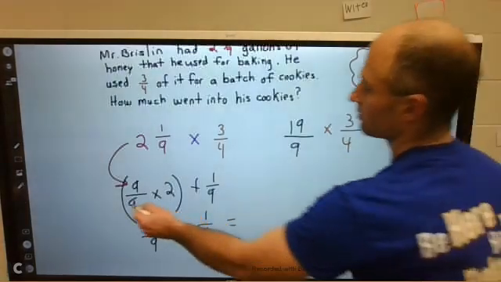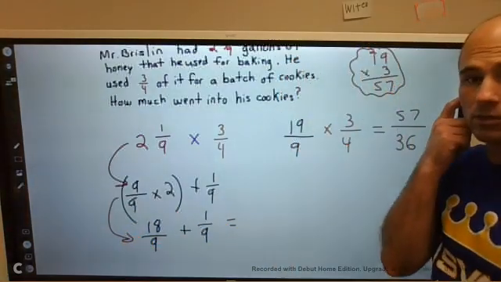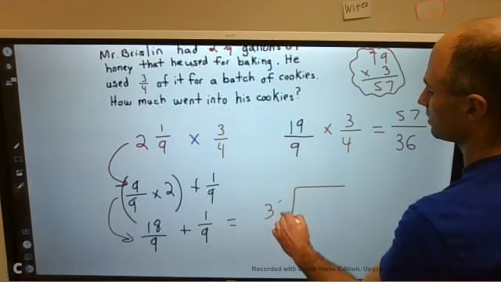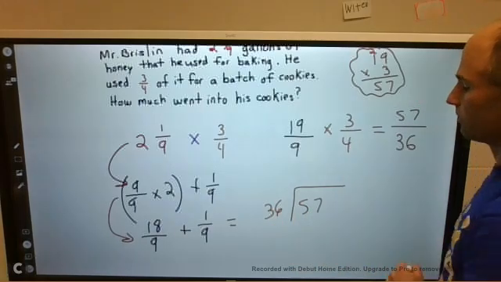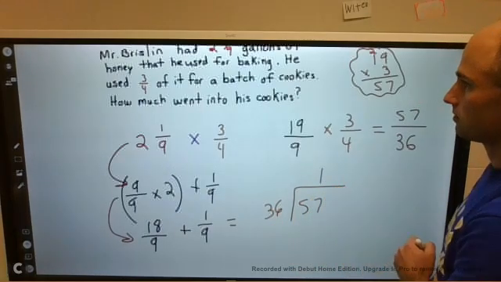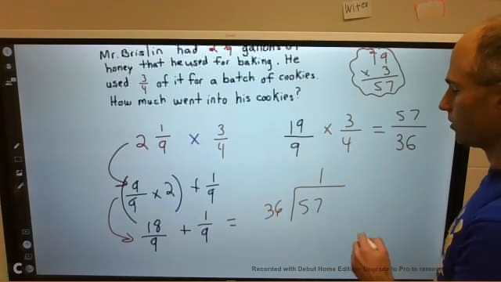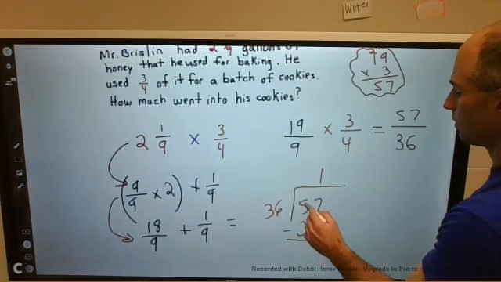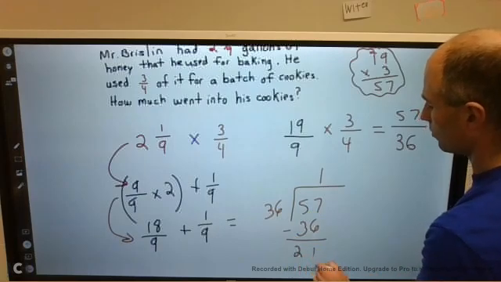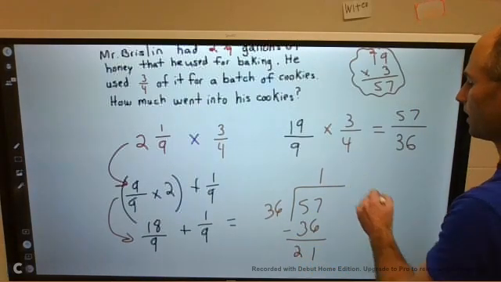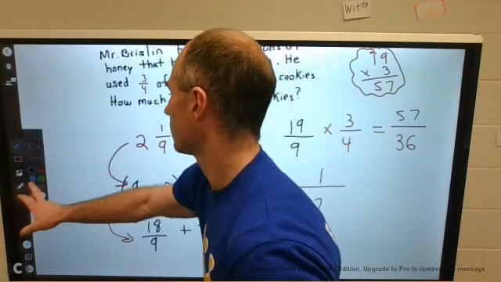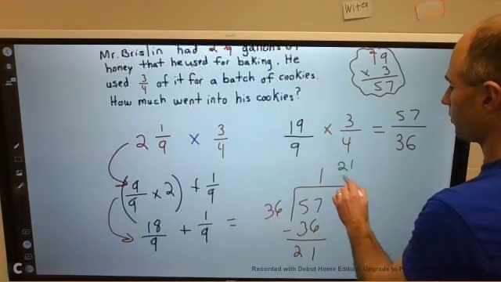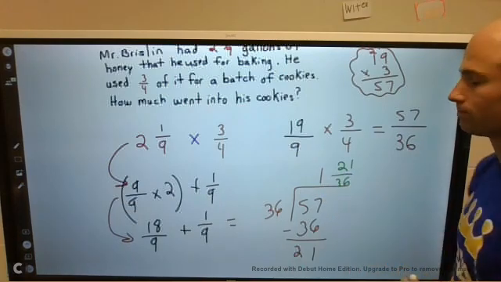My last and final step is going to be using long division to find out how many 36s go into 57. Well, one of them goes in. I'm going to subtract. I'm going to get the answer of 21. Then 21 will be my numerator with 36 as my denominator.